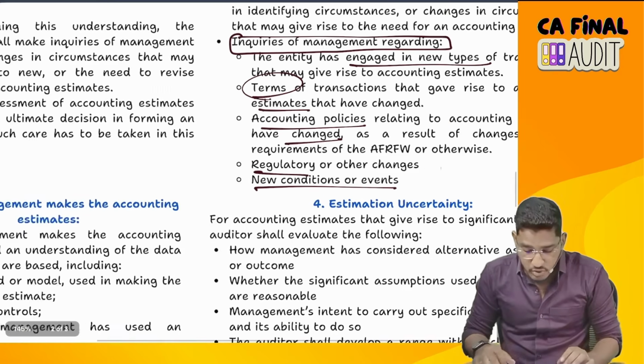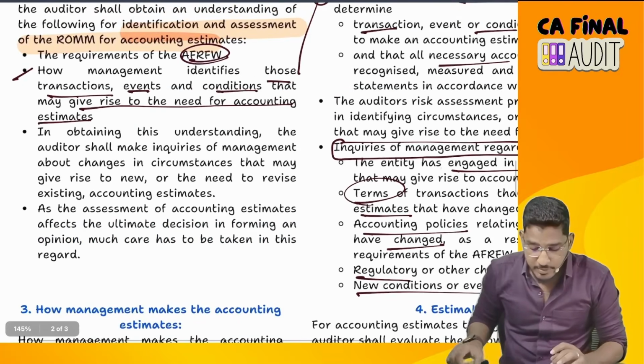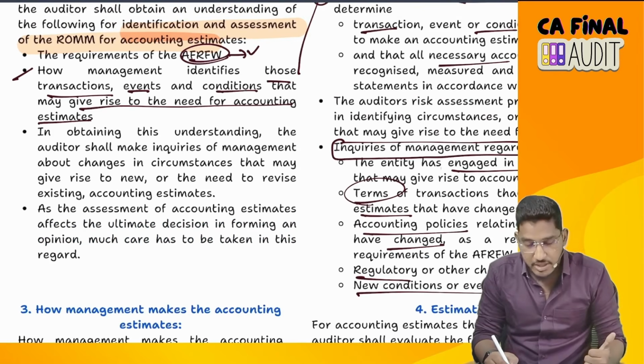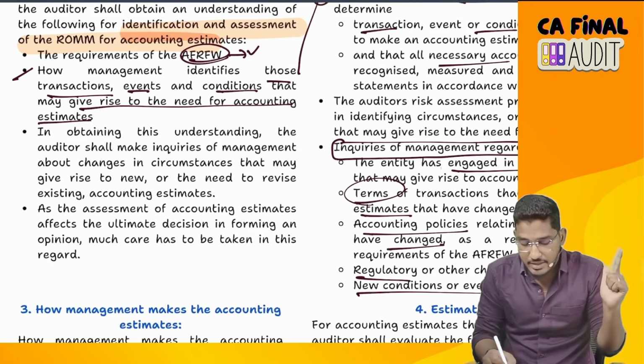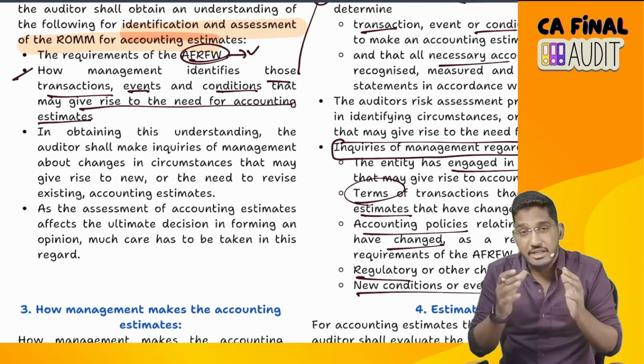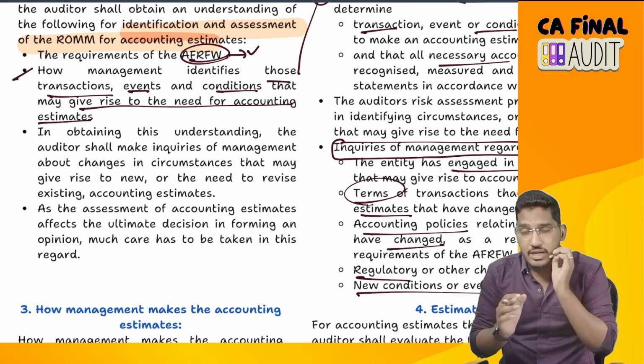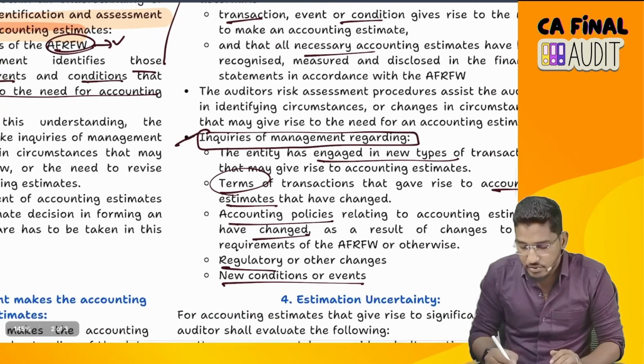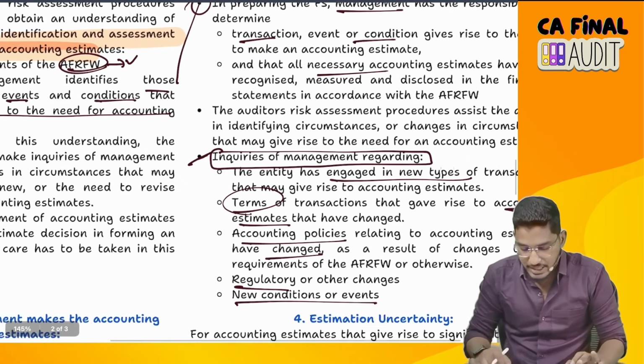So at the time of performing risk assessment procedures, first you need to understand the requirements of the applicable financial reporting framework. Number two, you need to understand how management identifies those events or transactions which give rise to the risk of material misstatement. For that you have to do the inquiry, and what to inquire I have already told you.